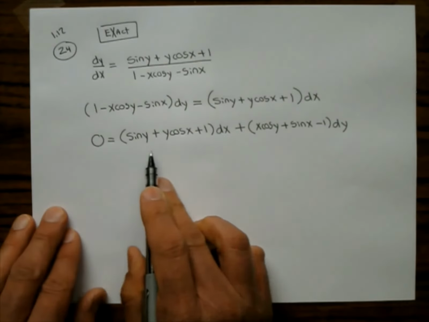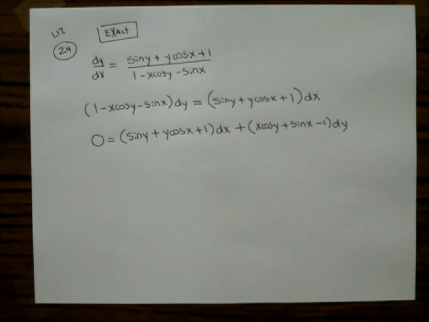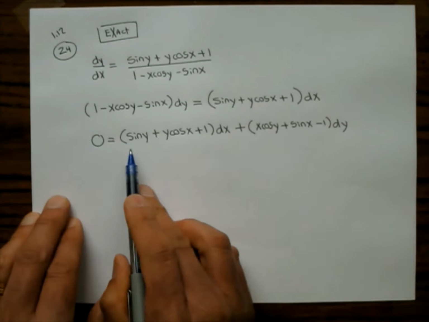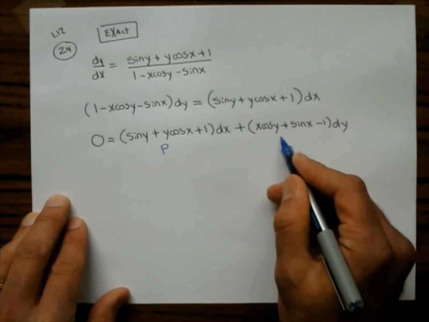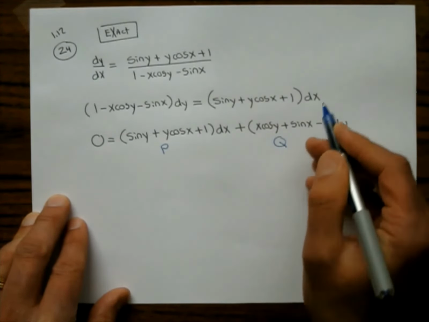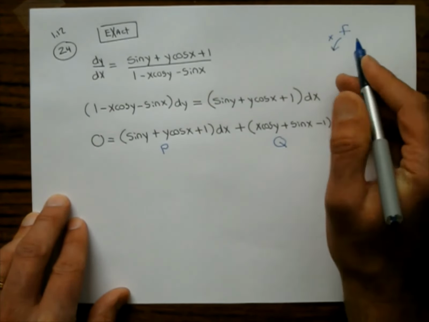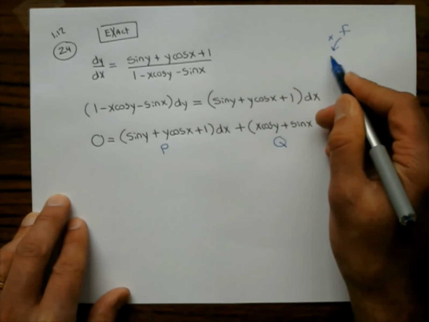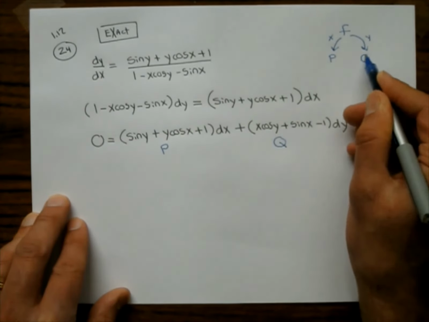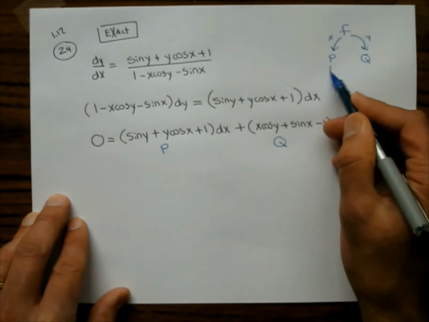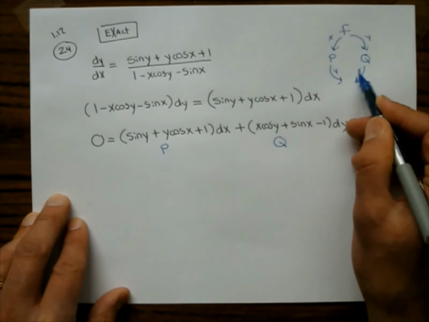Okay, so maybe in your homework or on the test, they'll say, is this equation exact? A way to verify if a differential equation is exact is we identify that as P and identify this as Q. If it was an exact differential equation, you'd have F, where you take the x derivative and you get P, and you take the y derivative and get Q. To verify that it's exact, you take the y derivative of P and the x derivative of Q, and you should get the same thing.